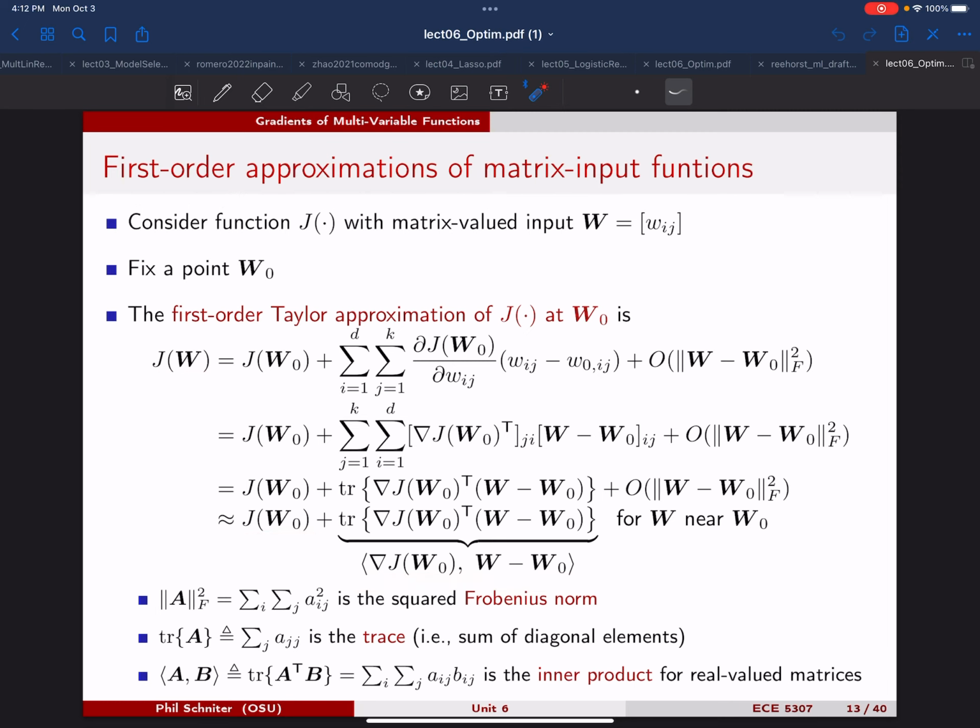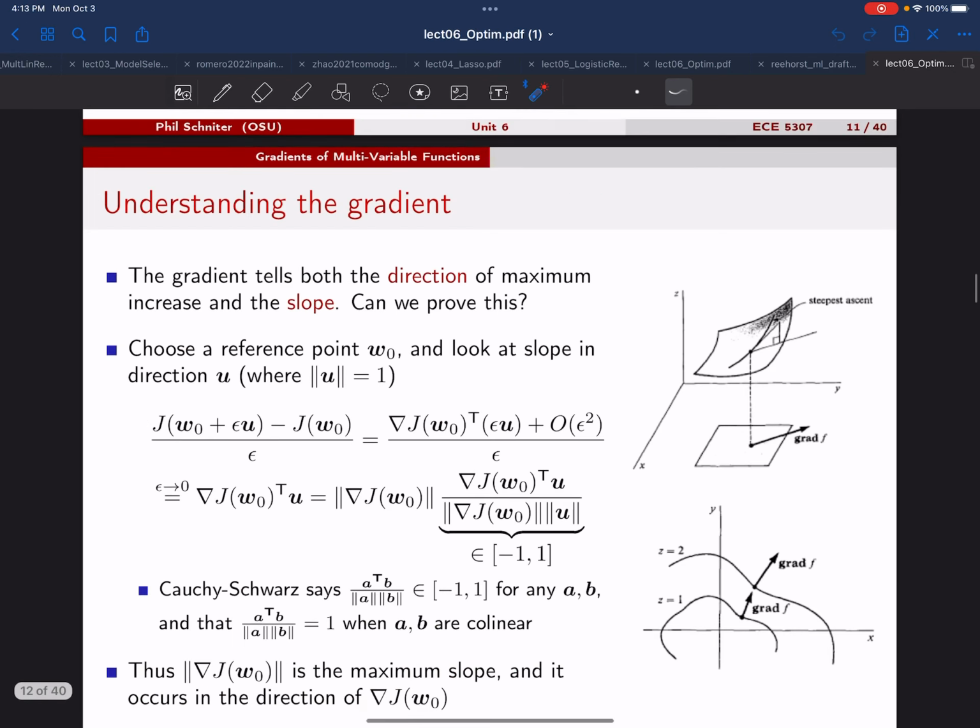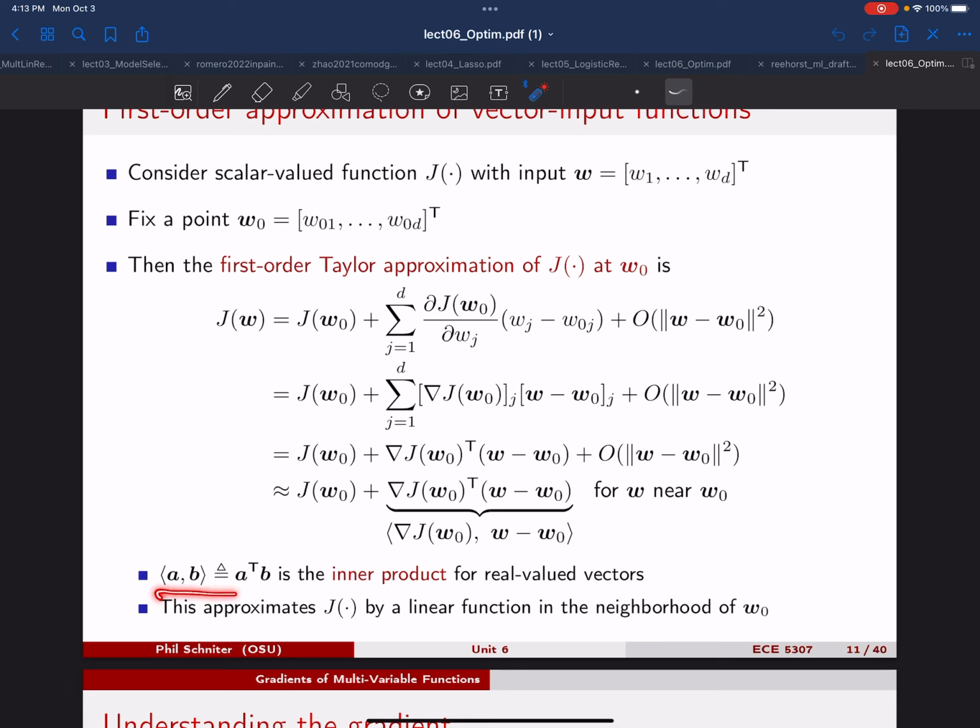So again, we have the inner product. In this case, though, the inner product is defined differently than when we have vectors. But if you look at the definition based on the inner product, it becomes the same.